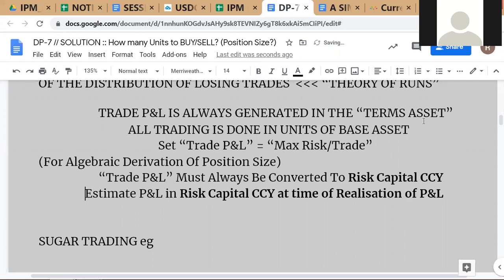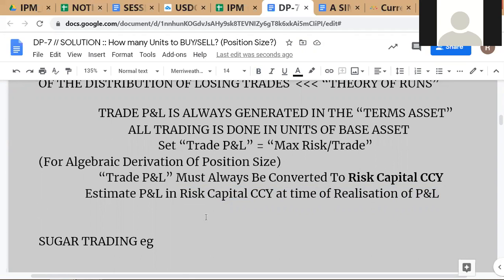Understand the goal here. The goal is to figure out the P&L in the risk capital currency at the time of realization of the loss or profit. So estimate at the time of realization.